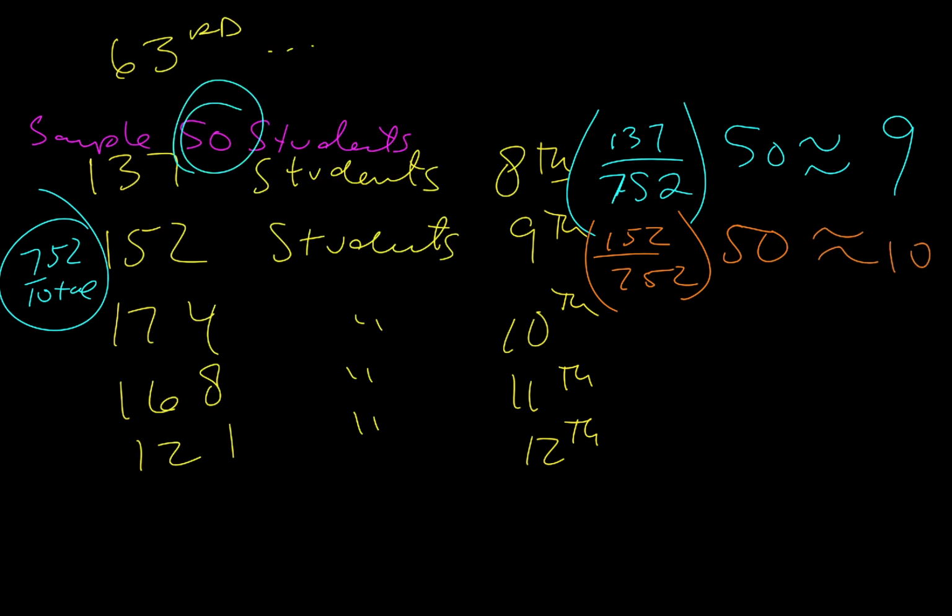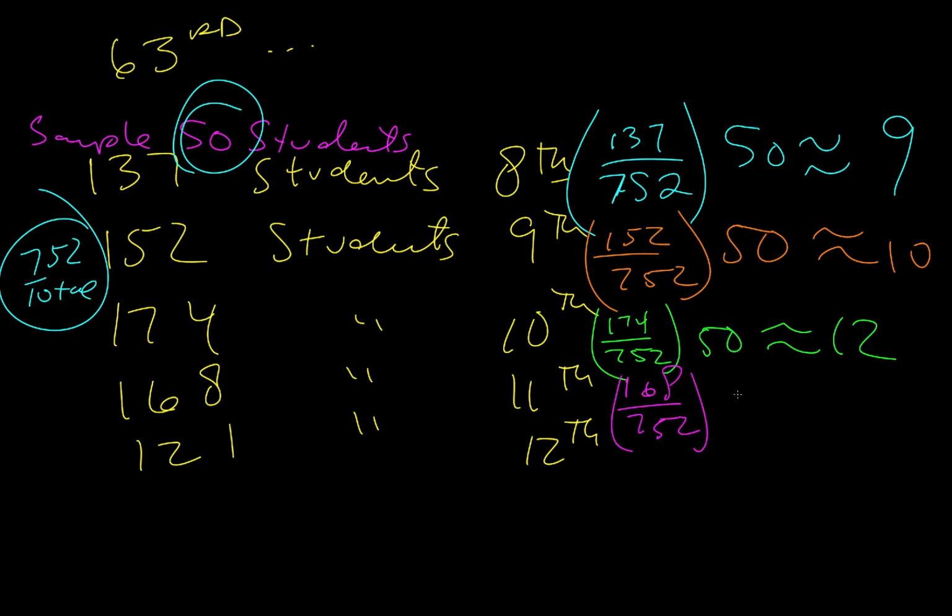Now, if we continue this, if I do 174 over 752 times it by 50, put that into my calculator, I'm going to end up with 12 students. If I do 168 over 752 times that by 50, that's going to end up being 11.